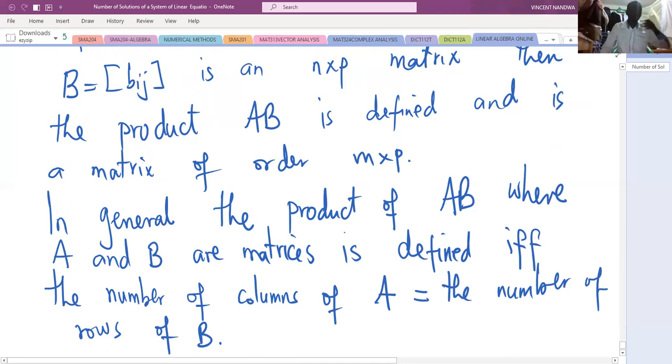The columns of the matrix to the left must always agree with the rows of the matrix to the right.